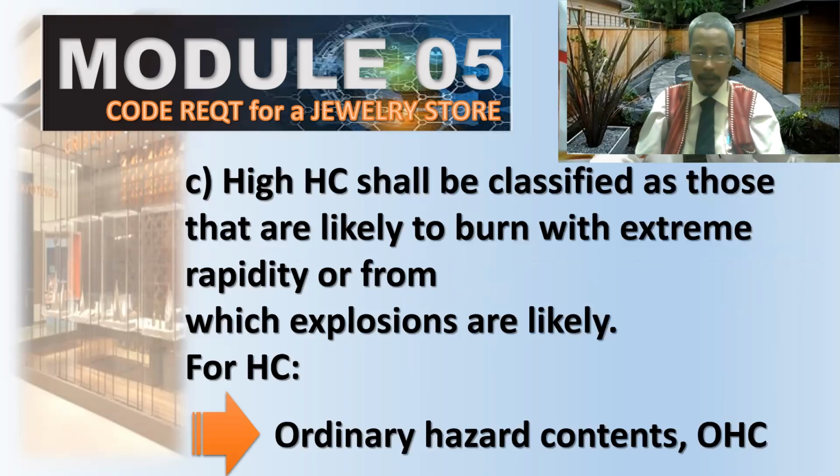Okay, and high hazard shall be classified as those that are likely to burn with extreme rapidity or from which explosions are likely to happen. So, because of this, we can classify our problem situation as ordinary hazard contents, OHC.